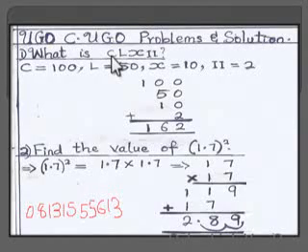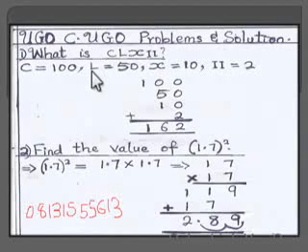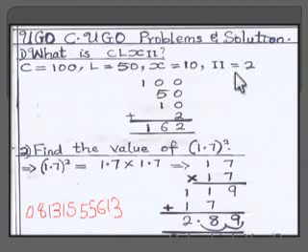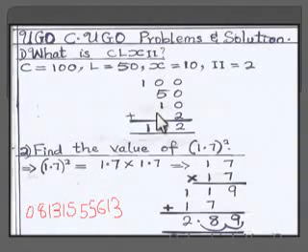Now, in Roman numerals, we have some symbols representing the figures we have. C stands for 100, L stands for 50, X stands for 10, I stands for what? 1. Then you can place them according to their place values and add.